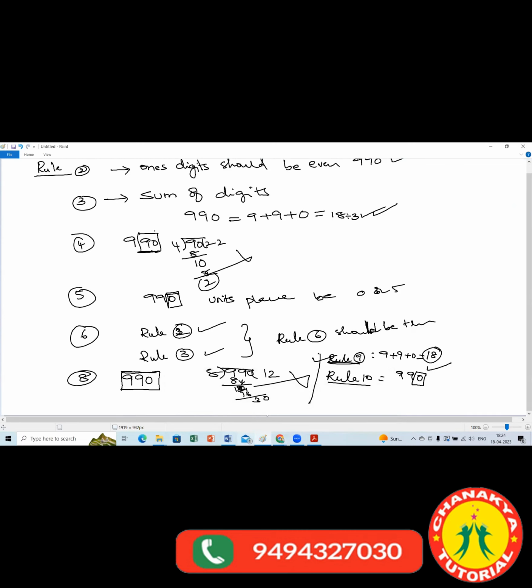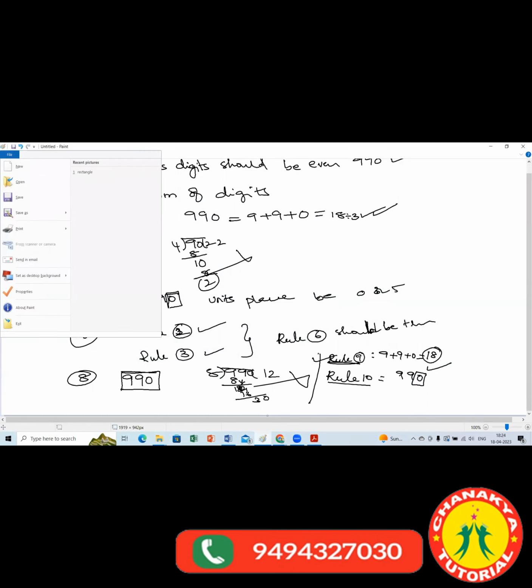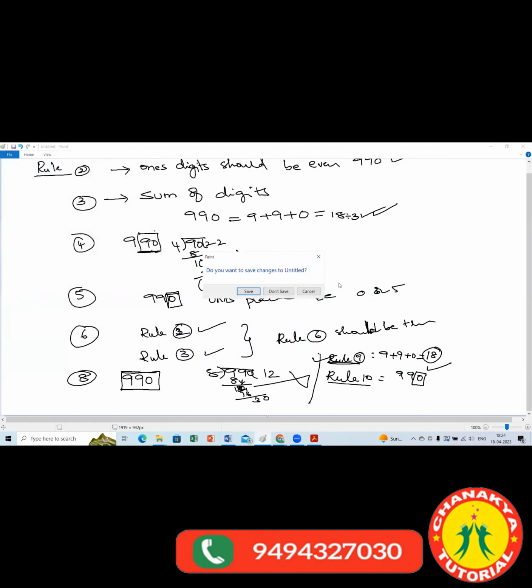Then rule 11. Rule 11 is alternative digits. Alternative digits means leave one, take one, starting from here.